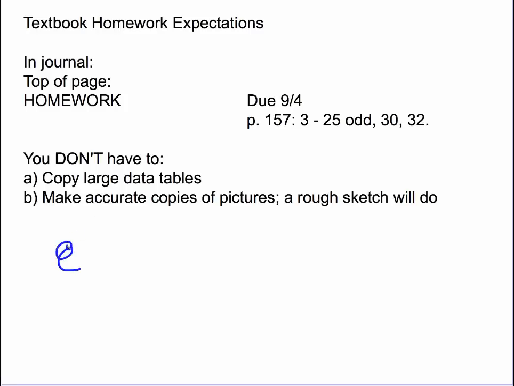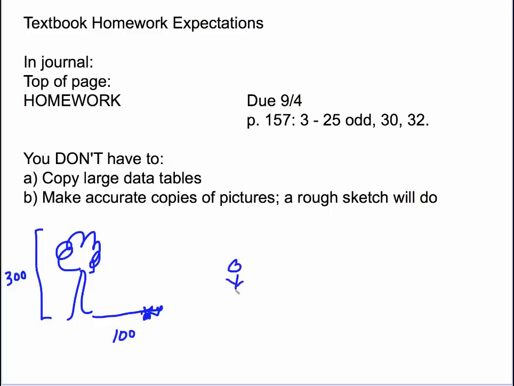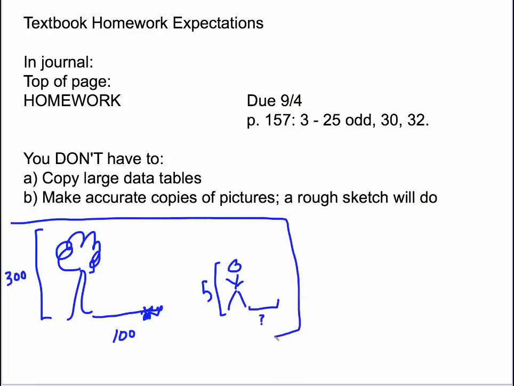Sometimes you might get a picture where in the book you'll have a tree, and it'll say the height of the tree is 300, and the shadow that the tree casts on the ground is 100 feet, and then it might have a picture of a human, and it might say that you are 5 feet tall, and they want to know how long is your shadow. So let's say that this whole picture is what was in the book.